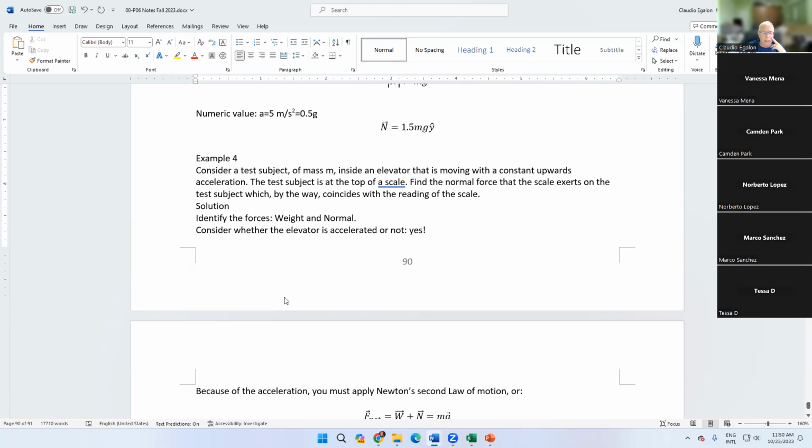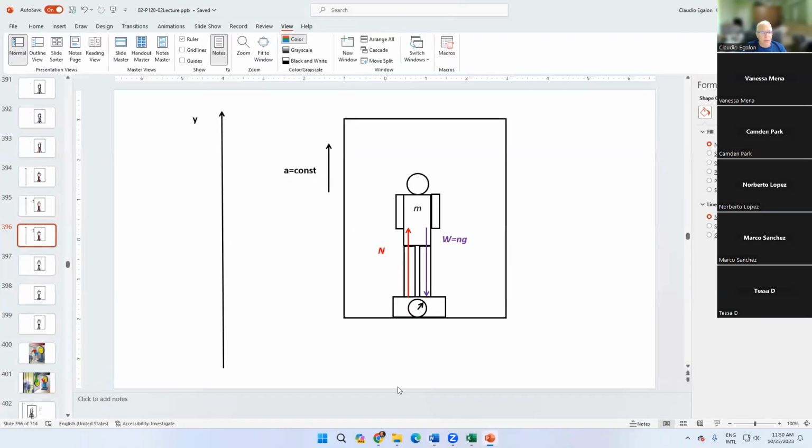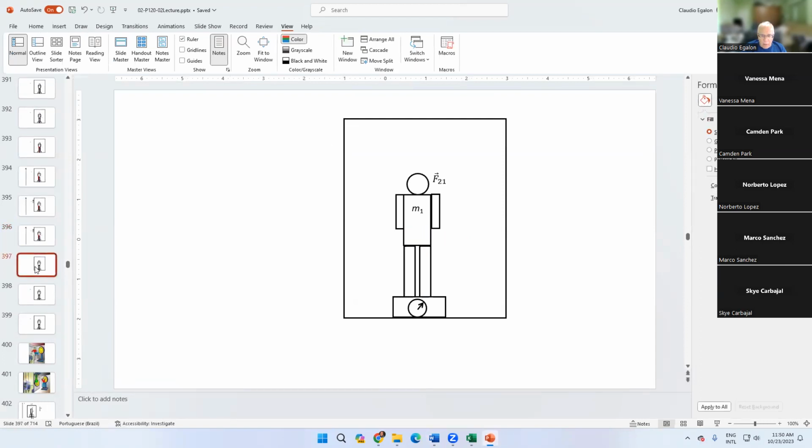Now, consider a test subject of mass m inside an elevator that moves with a constant downwards acceleration, standing on top of a scale. Find the normal force that the scale exerts on the test subject, which, by the way, coincides with the reading of the scale. Okay. So here you go.